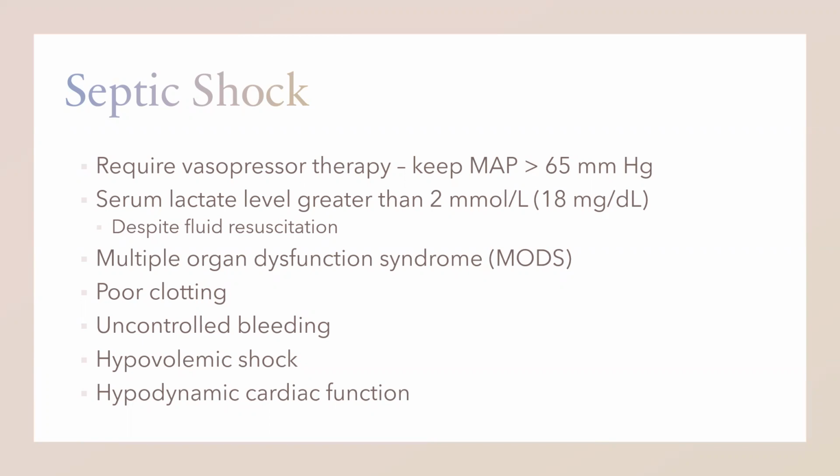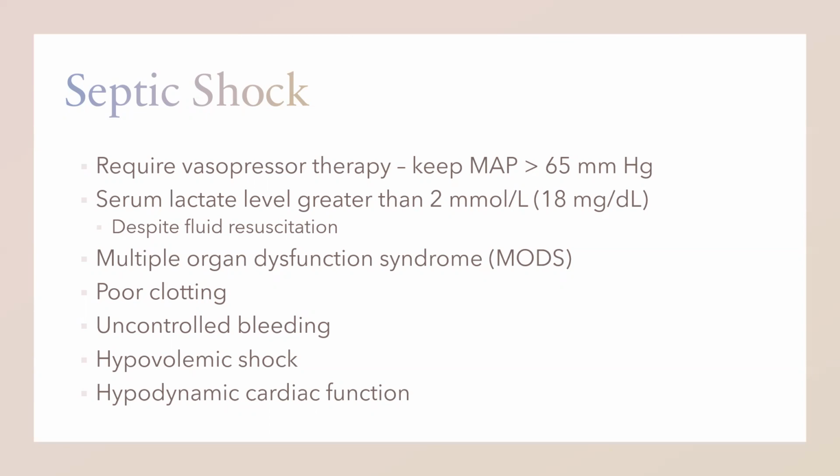We used to call Levophed, leave them dead. I don't think it's like that anymore, but it was a last resort to maintain volume in the body or maintain a cardiac output for some form of perfusion to the vital organs, your brain, your kidneys, your lungs, your liver, your heart, okay?